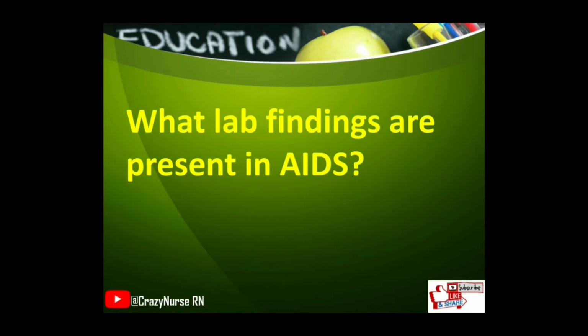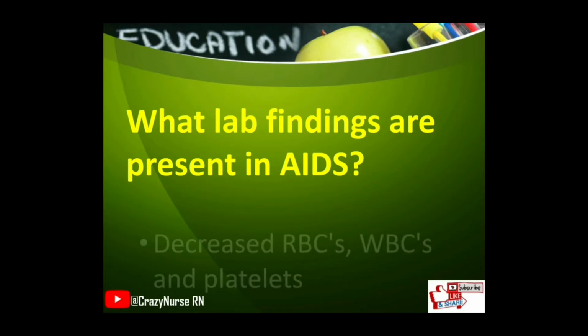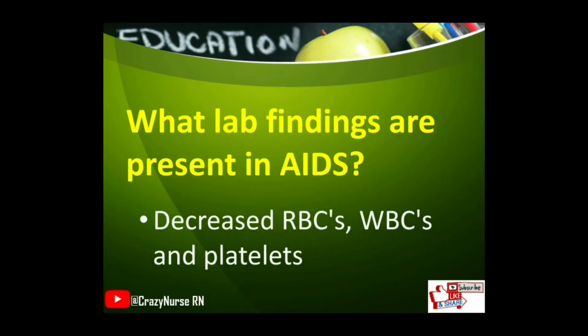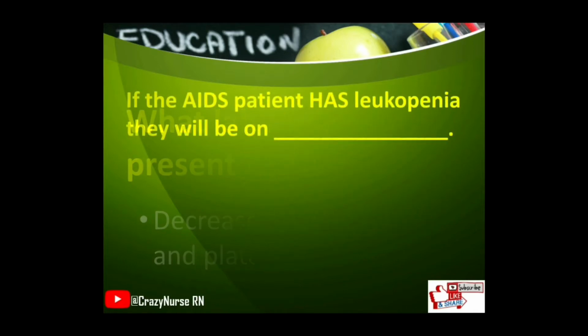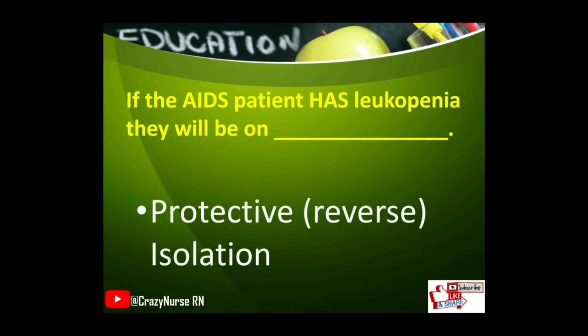What lab findings are present in AIDS? Decreased red blood cells, white blood cells, and platelets. If the AIDS patient has leukopenia, they will be on blank. Protective or reverse isolation.